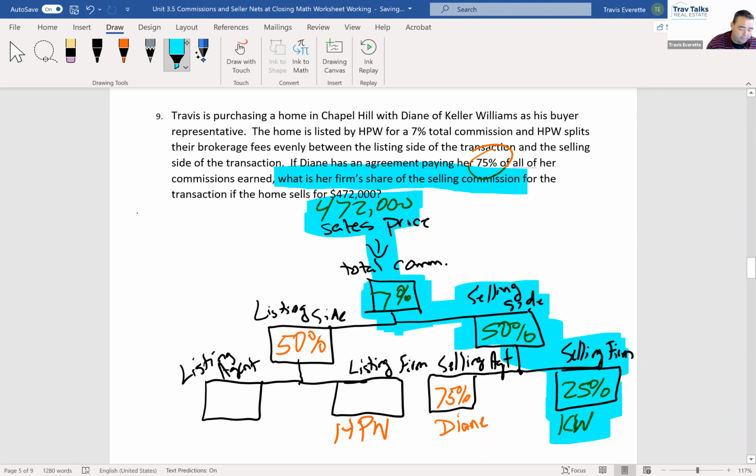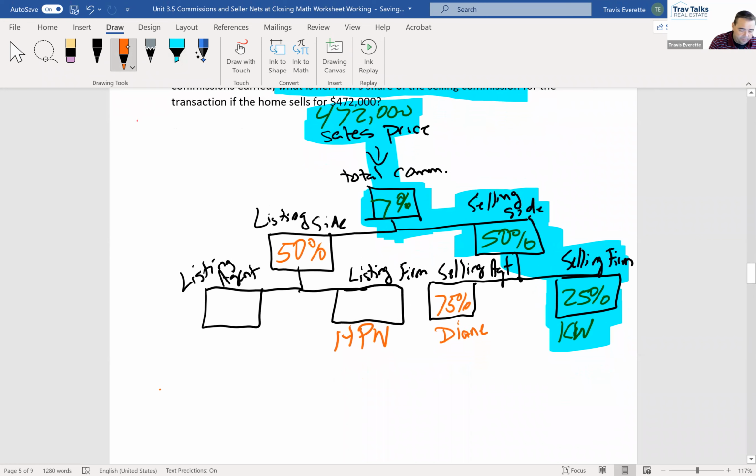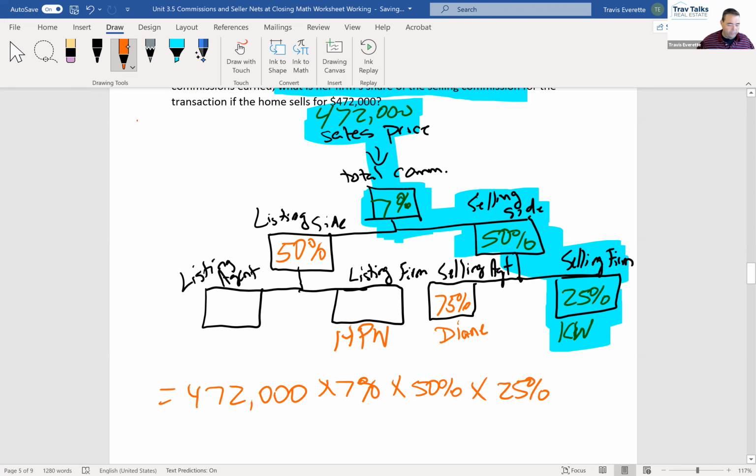So what I'm going to type into the calculator is 472,000 times 7% times 50% times 25%. I'm never going to hit equals the whole way through.